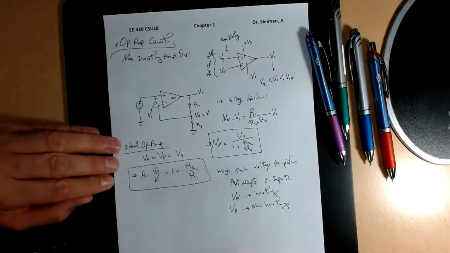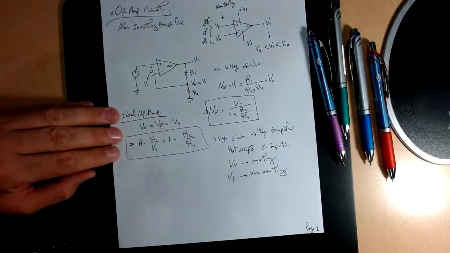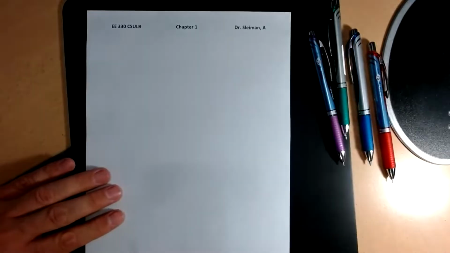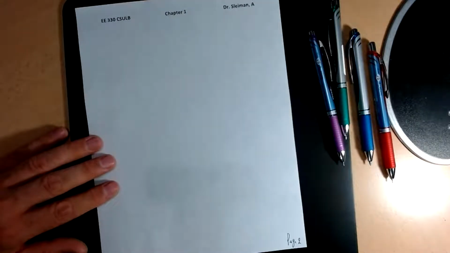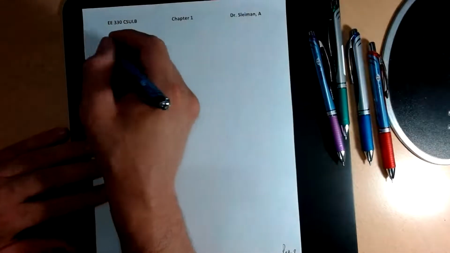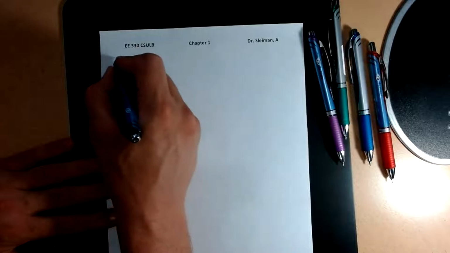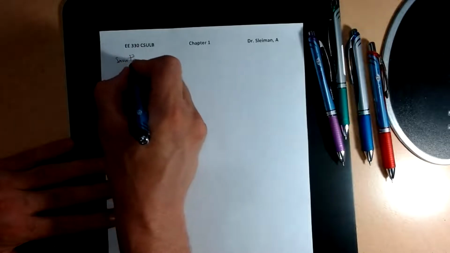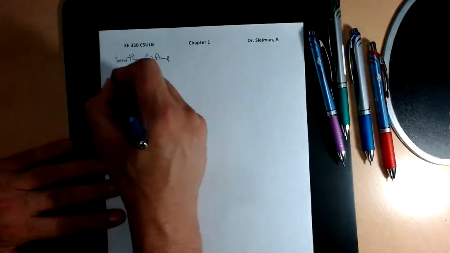Okay, for the inverting amplifier, inverting op amp.